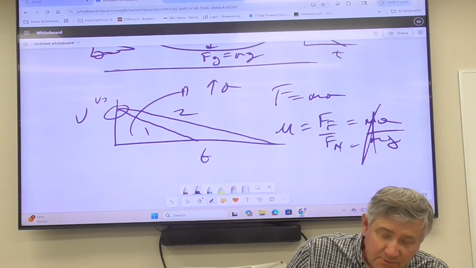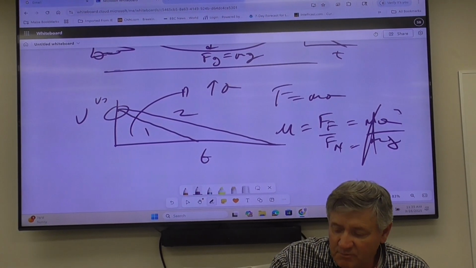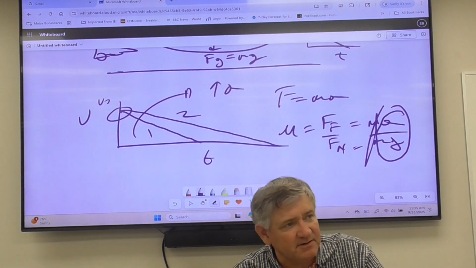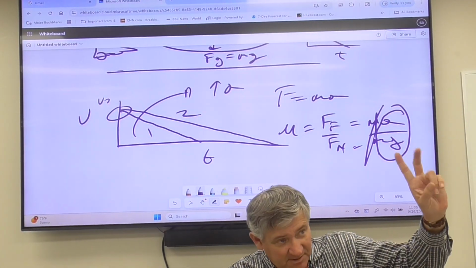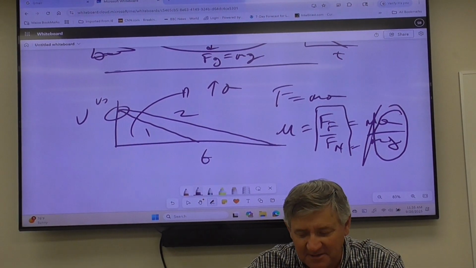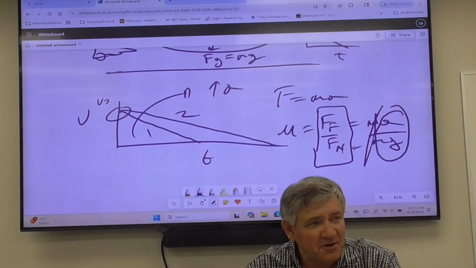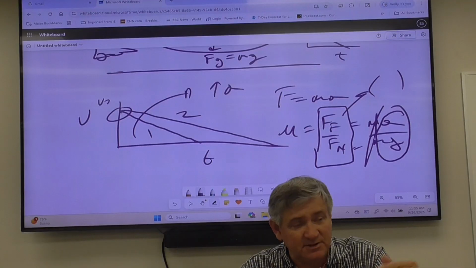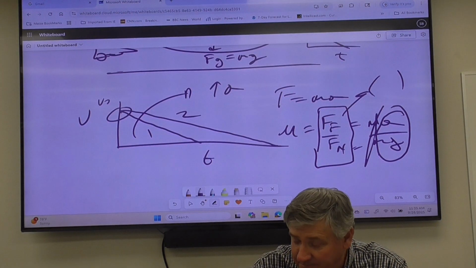Now, to get to mu, here's what you could do. One option, which I just showed you, is you could take that acceleration that you just found and divide it by 9.8 meters per second squared. That's option number one. But wait, there's more. Option number two, you go, oh, Mr. Burkamp, I love forces. I want to be a Jedi. Good for you. So your other option is that you take the force friction that you just found. You already have the number. Okay, it's around negative 5,000.